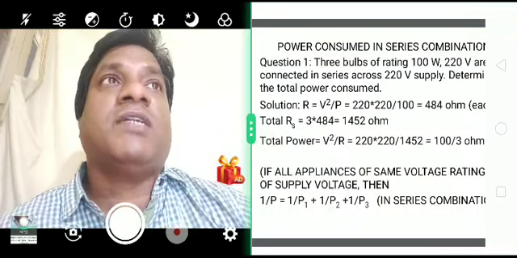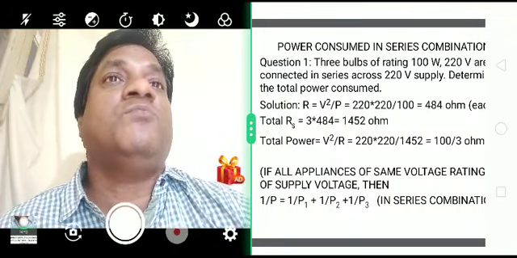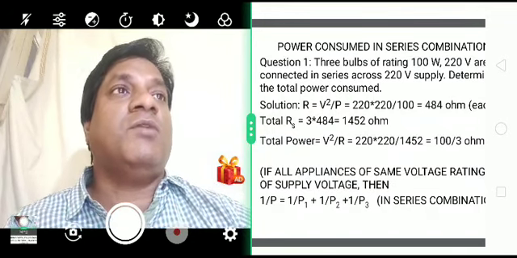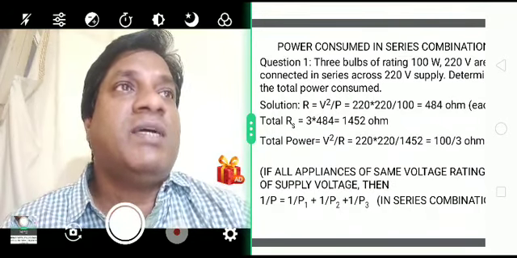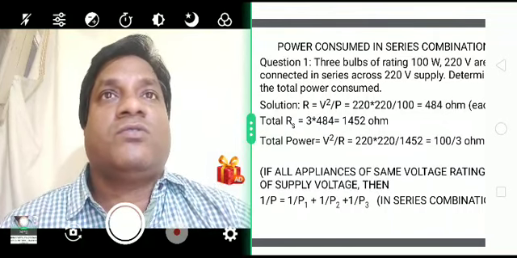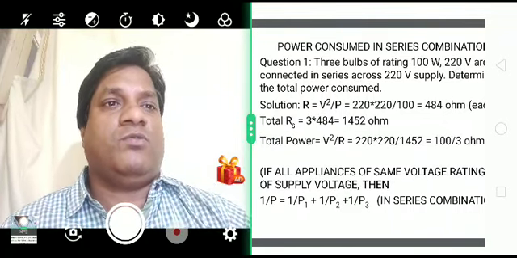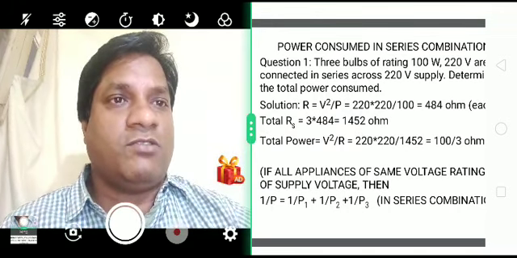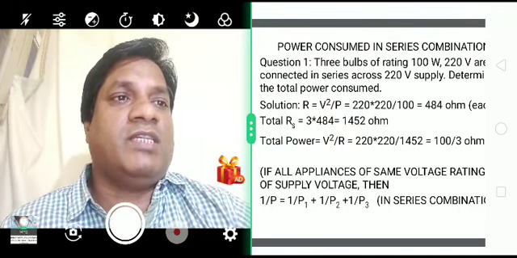But when three bulbs are connected in series, they consume one third of the power of one bulb. All the three bulbs combined are consuming 100 by 3 watt. The total power consumed will be 100 by 3 watt.